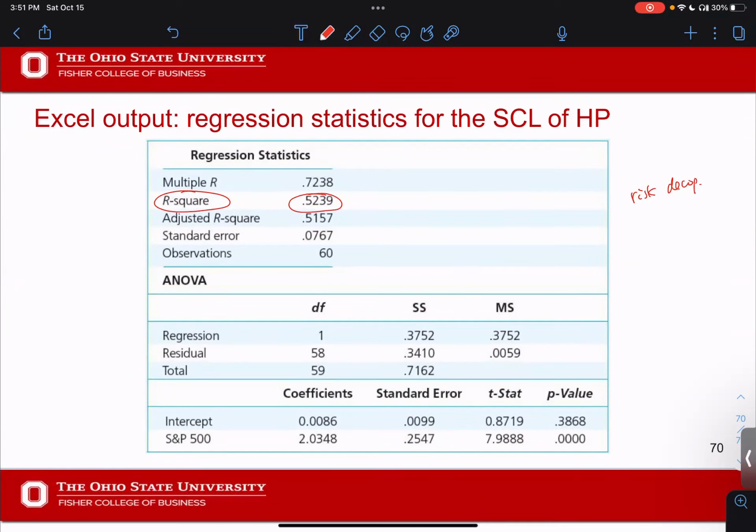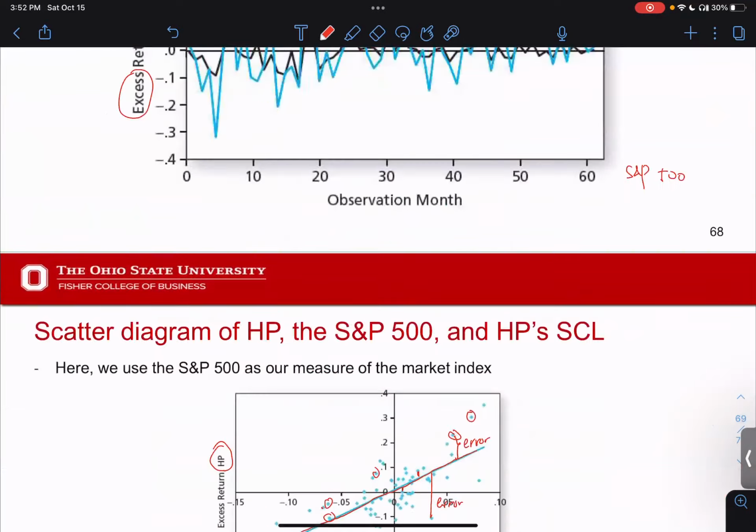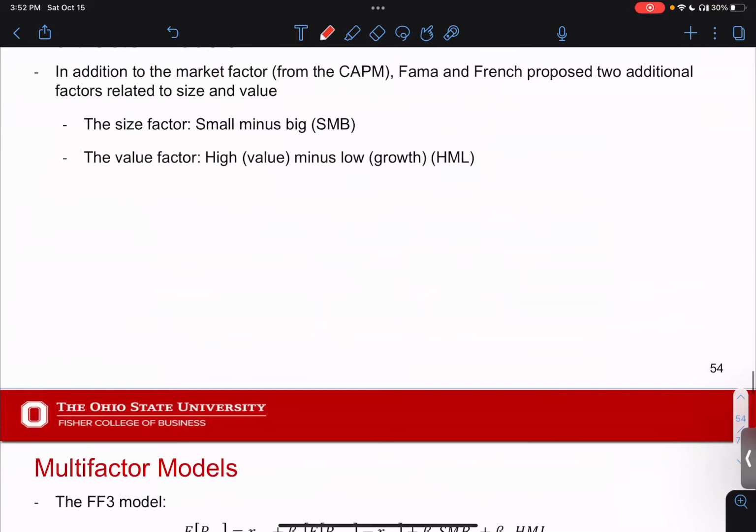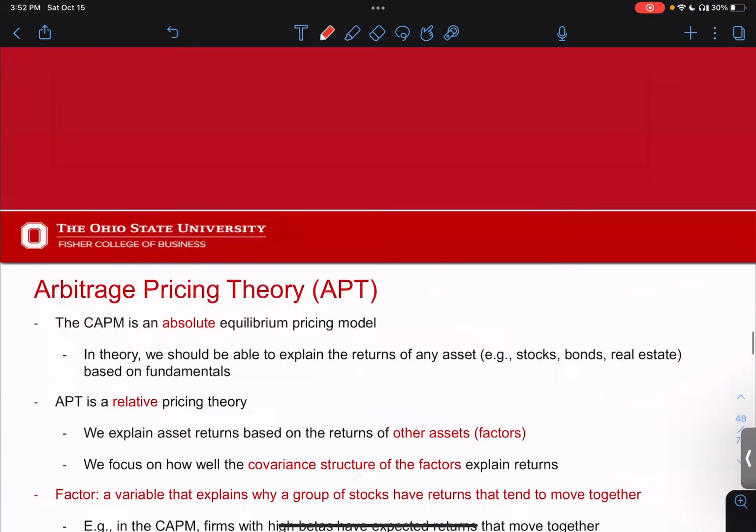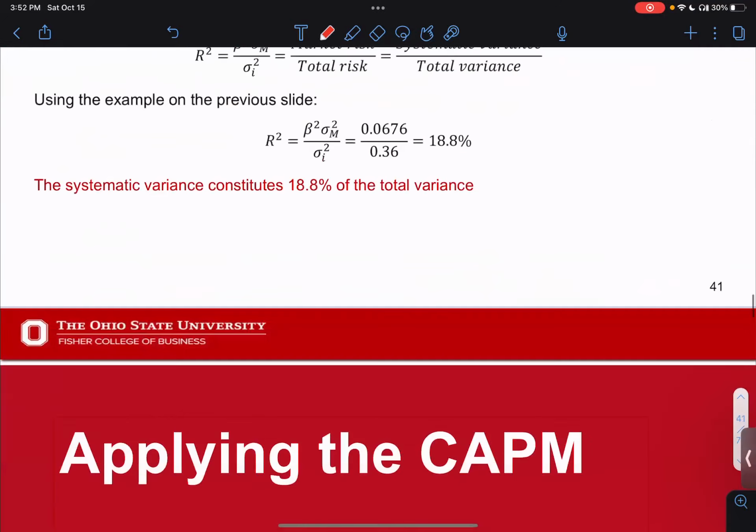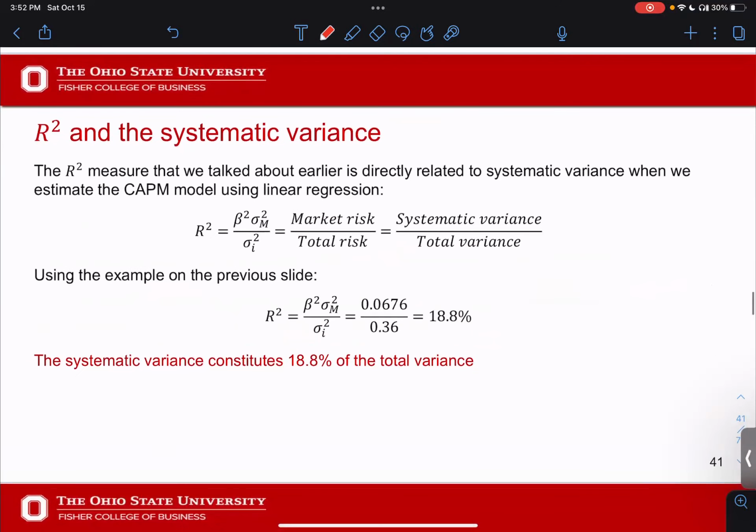In the risk decomposition part, R squared equals beta squared sigma M squared divided by sigma I squared.